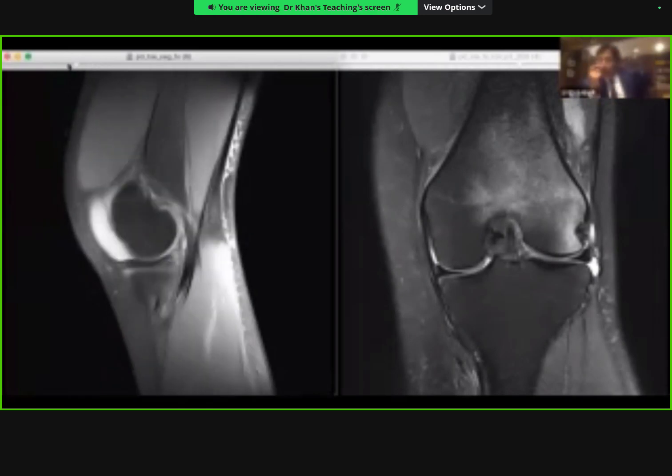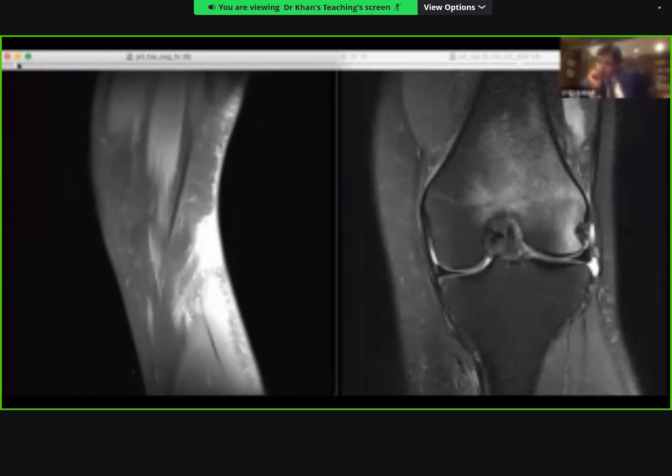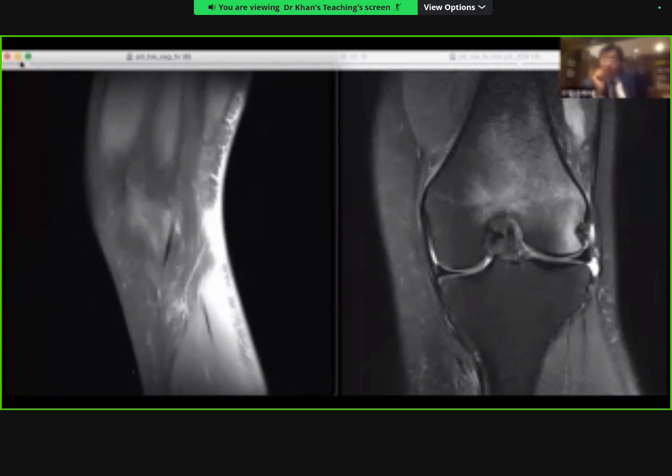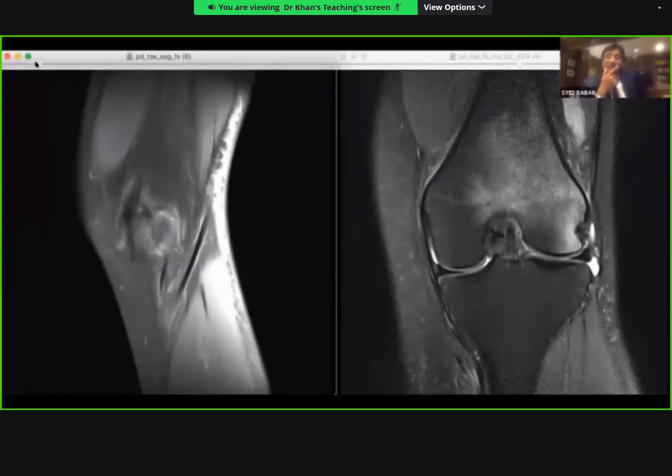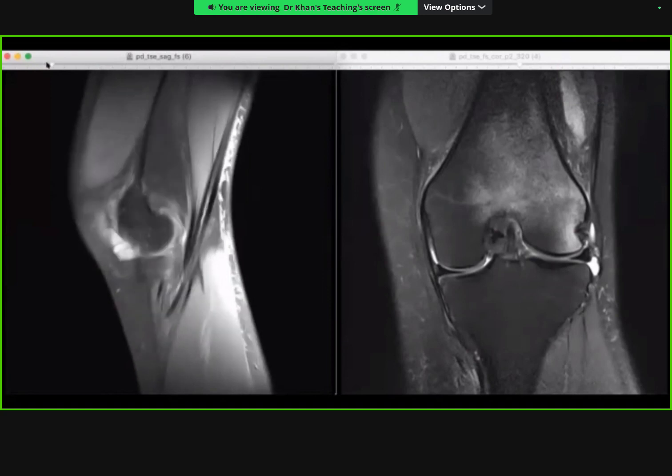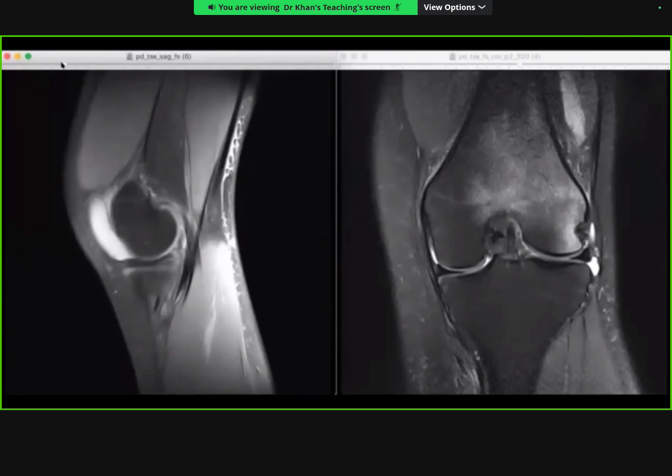Excellent. So here's another young man, and the interesting story here is that this is definitely a skiing injury. Starting with the PD sagittal sequence, I can see the conjoint tendon normally.